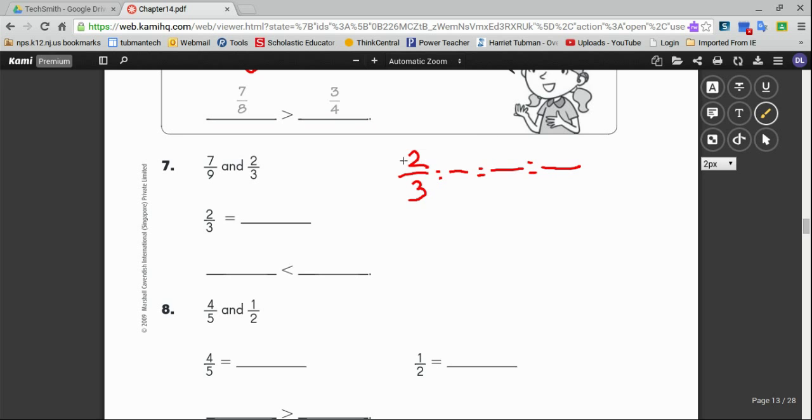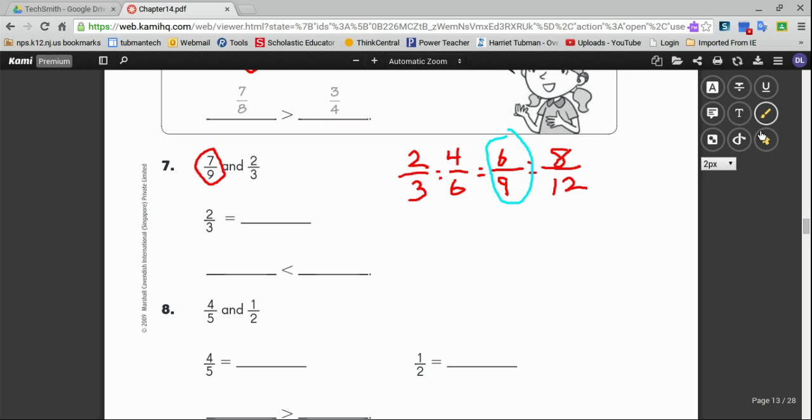Remember, we're counting multiples. 2, 4, 6, 8, 3, 6, 9, 12. And again, I want to compare 7/9, and I want the same bottom number, so that means I am choosing 6/9 because they both have 9 as a denominator.